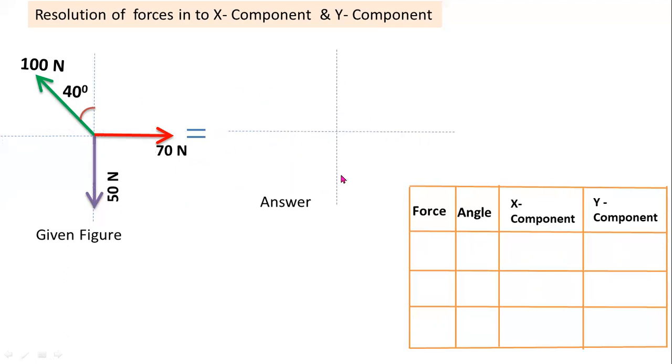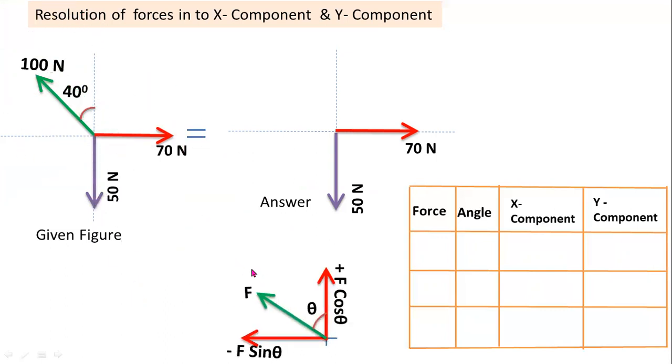This is the x-axis, this is the y-axis. Now I am taking the horizontal force as it is, the vertical force also like this. Here you have to convert this inclined force into x component and y component. This force lies in the second quadrant. So take the second quadrant formula.